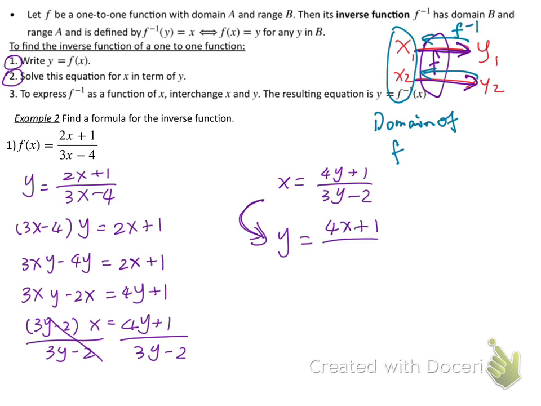And y becomes x. And finally, we use the inverse notation: f inverse of x equals (4x plus 1) over (3x minus 2). So we replace the function notation by y, solve for x, interchange x and y, and put f inverse of x back for y.